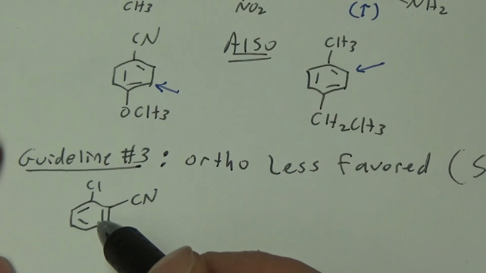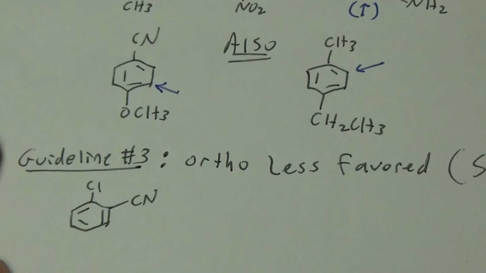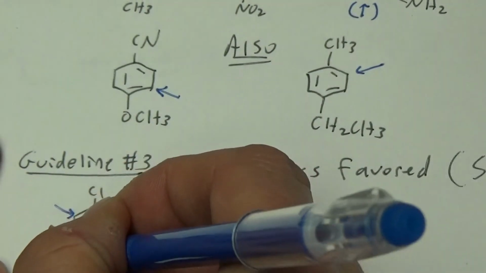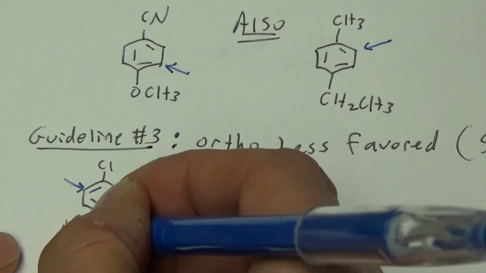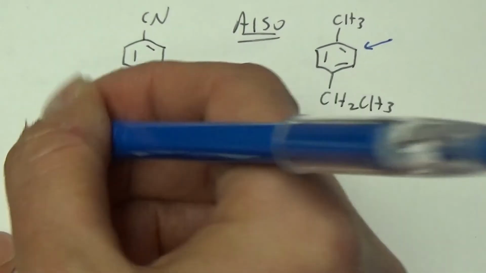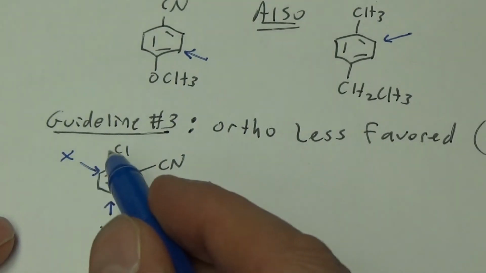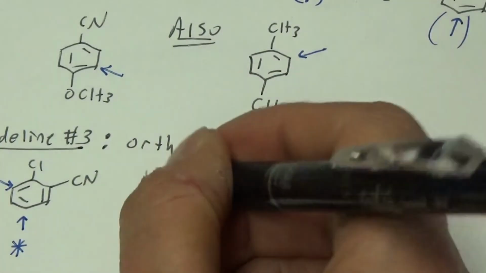Chlorine is an ortho-para director. He gets to decide. So the options are basically ortho to the chlorine or para to the chlorine, and which one's going to win? That's going to be this one, right? Because it's not next to the big chlorine. So that's one example. Here's just another interesting one.